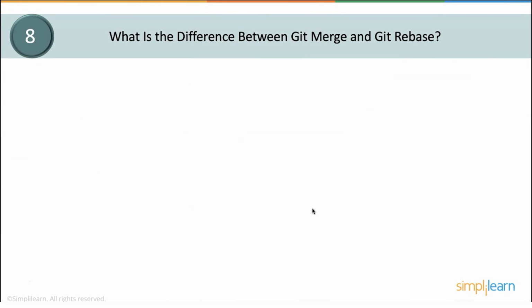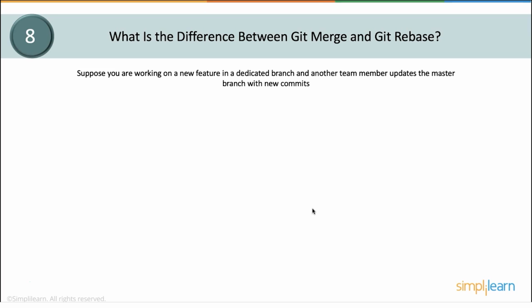So what is the difference between git merge and git rebase? This is a very common question. Suppose you are working on a new feature of your project in a dedicated branch, and another team member updates the master branch with some new commits.